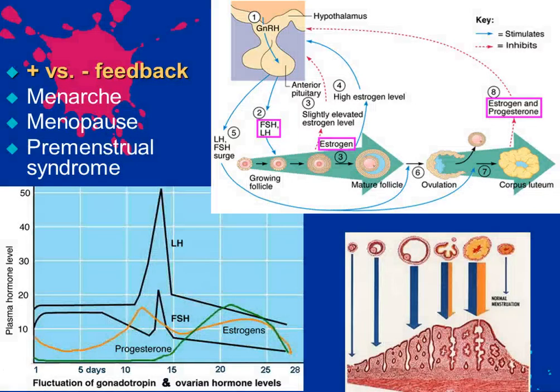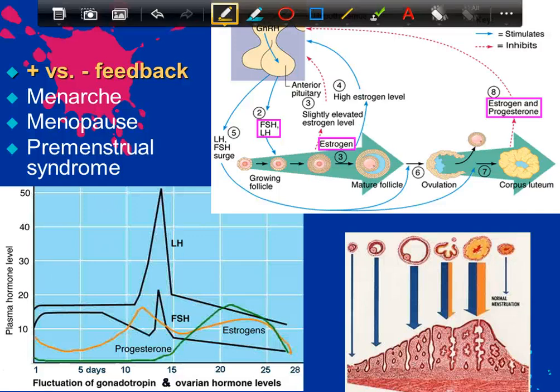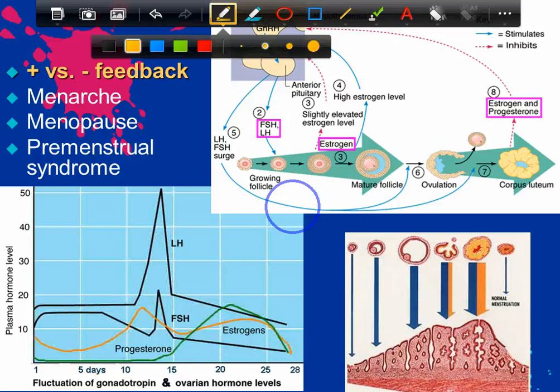Okay, so top right you see the pituitary and how it's driving ovarian development, maturation of the eggs. You see FSH and LH. Remember, it's made early in the menstrual cycle. Let me point out right here, I'm going to do FSH in green.